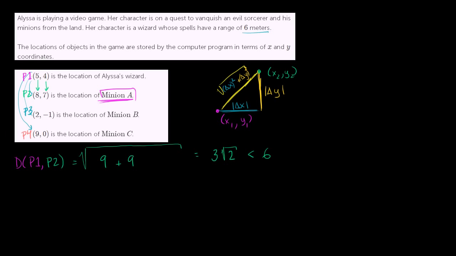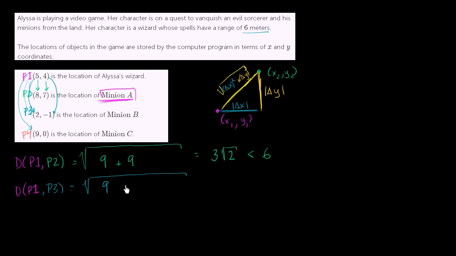Now let's think about minion B. So the distance between P1 and P3 is going to be equal to the square root of, so your change in x, it's -3. -3 squared is +9. Our change in y, to go from 4 to -1, it's -5.